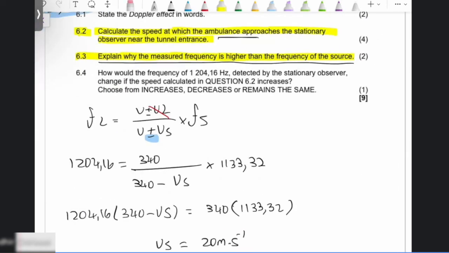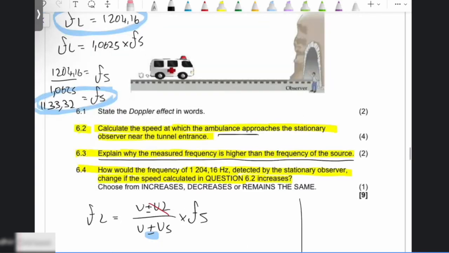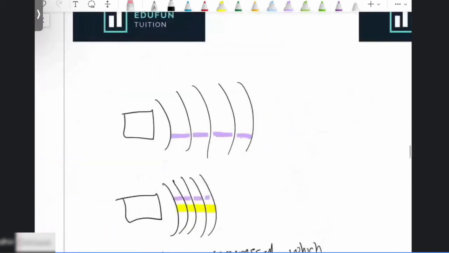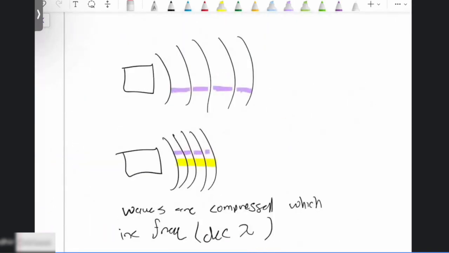6.4 asks how the frequency detected by the stationary observer would change if the speed calculated increases. So guys, if the speed increases, the ambulance is approaching the observer faster. These waves are going to be even closer to each other, because the source is catching up each time.